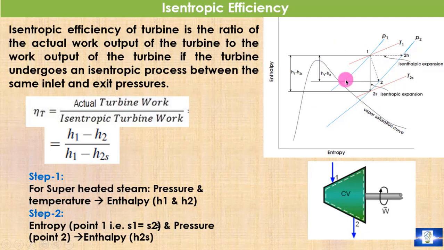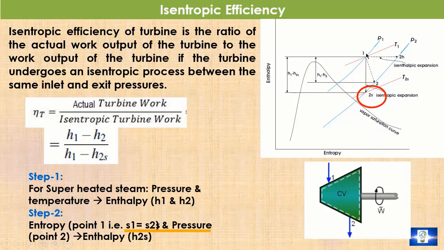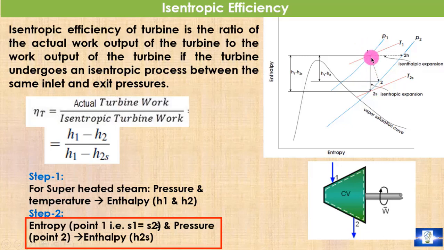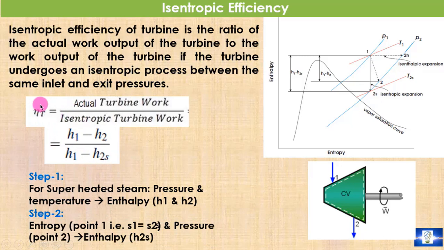From this diagram, you see that the entropy of point 1 and the entropy of point 2s are the same. From the steam table, H1 and S1 are calculated. So from S1, meaning entropy 1, and the pressure P2, we can calculate the enthalpy of point 2s. So from this formulation, we can easily calculate the isentropic efficiency.